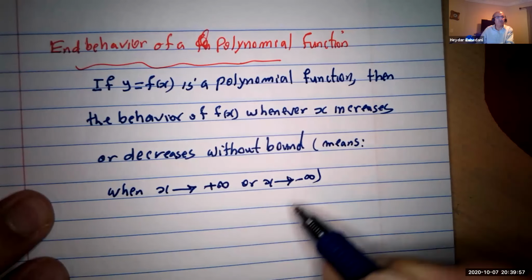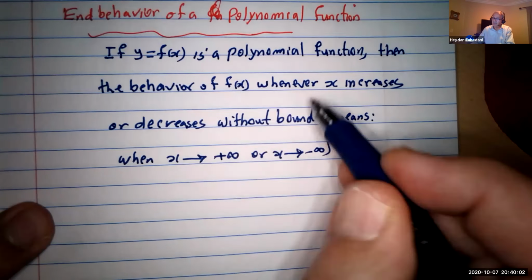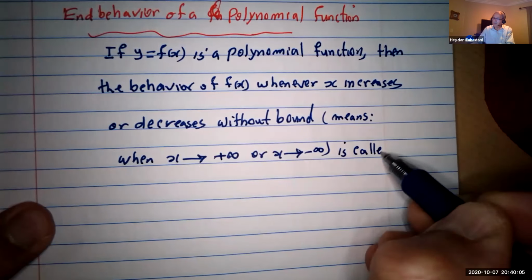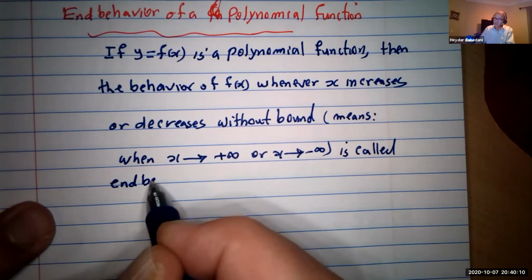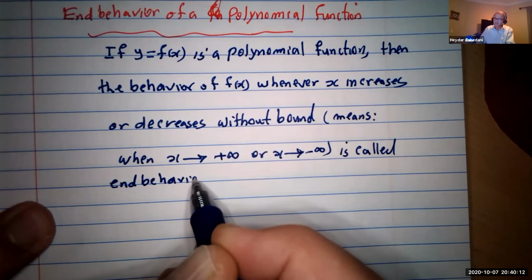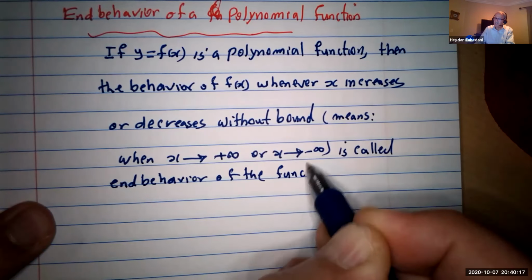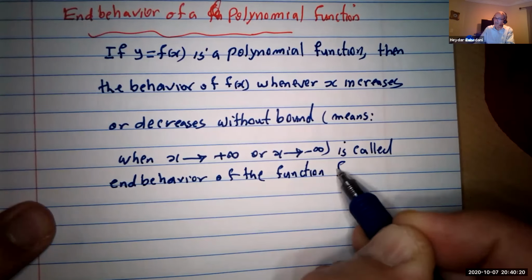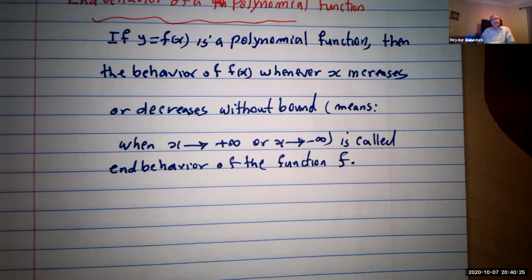That's the notation I'm going to use. Increases without bound, this behavior is called the end behavior of the polynomial function f. So this is just the behavior of the polynomial function when x increases without bound or decreases without bound.